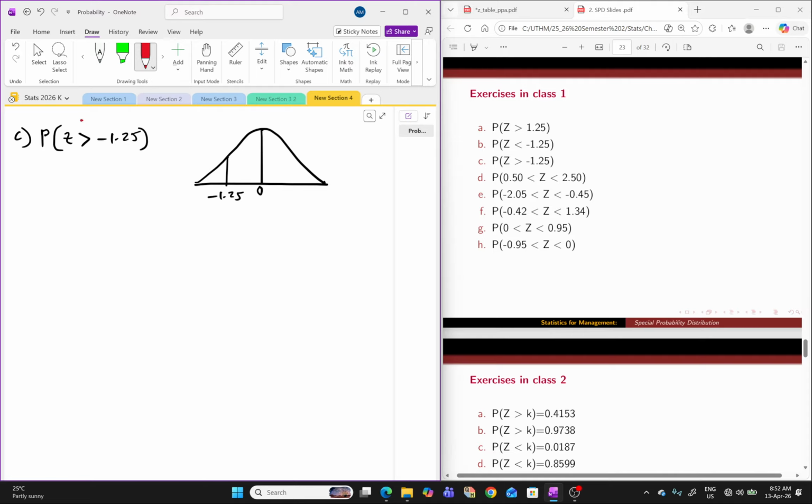Good. So, we're going to find the red color now. But this is on negative, isn't it? So what we have to do? Switch it. Switch to positive part.